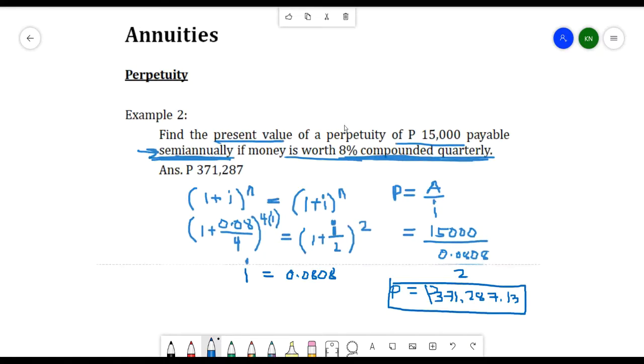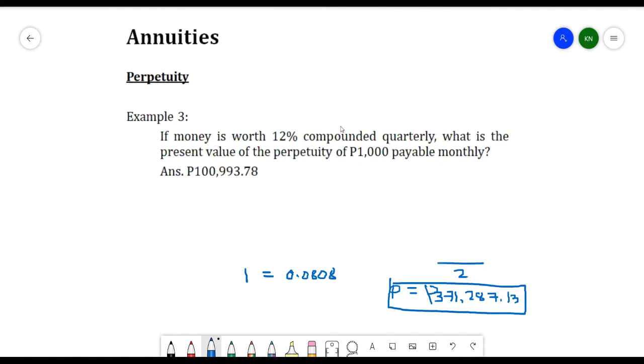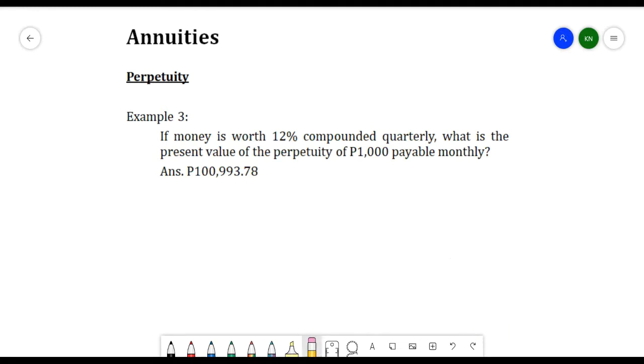Another example, the last example we have for this video: if money is worth 12% compounded quarterly, what is the present value of the perpetuity of 1,000 payable monthly? So again, this is the same as the previous example. We have 12% compounded quarterly, so we have 1 plus 0.12, compounded quarterly, so we divide it by 4.